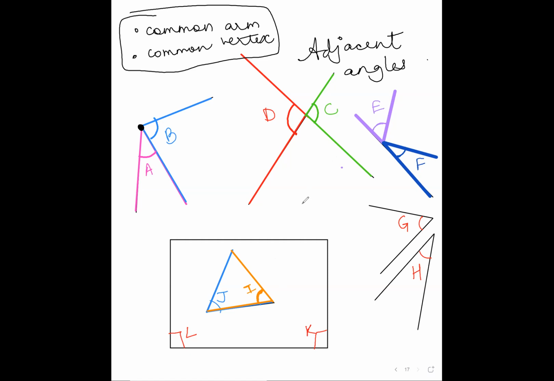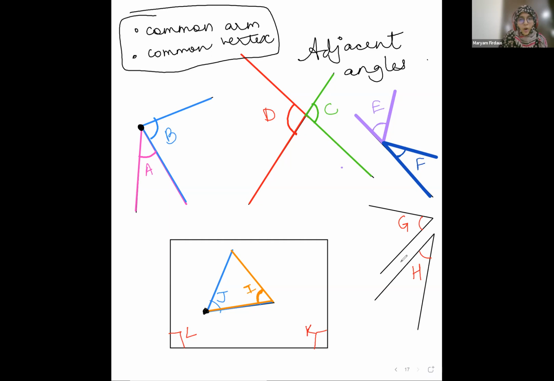Also, tell me one thing. Can you tell me why J and I don't have a common vertex? What is the point at which angle J is being made? Angle J is made at this point. For angle I, look at this corner. This is the corner where we are making this arc.